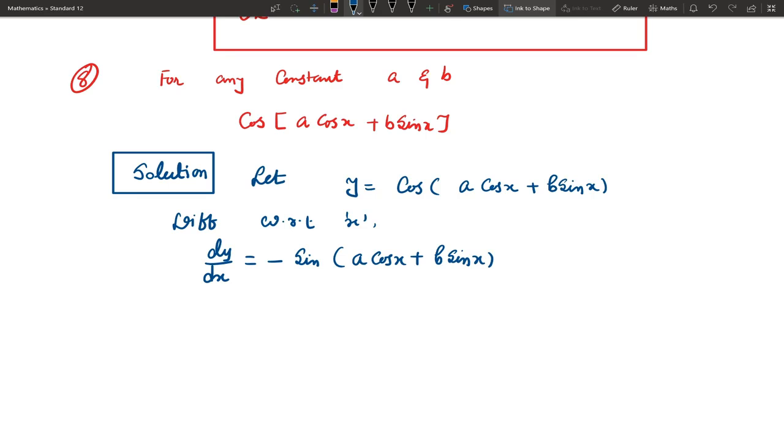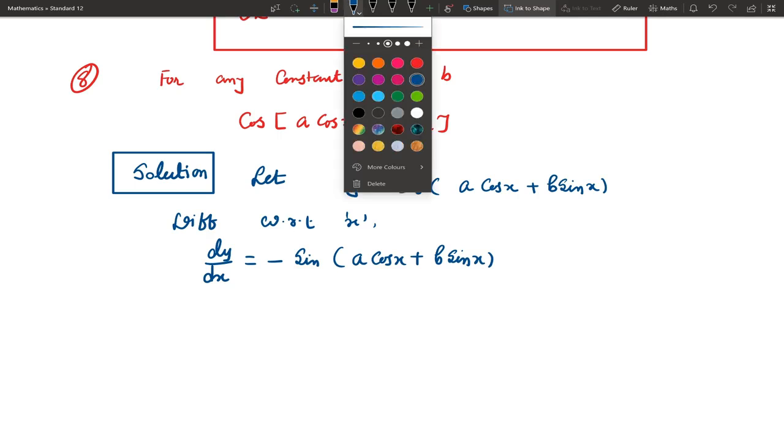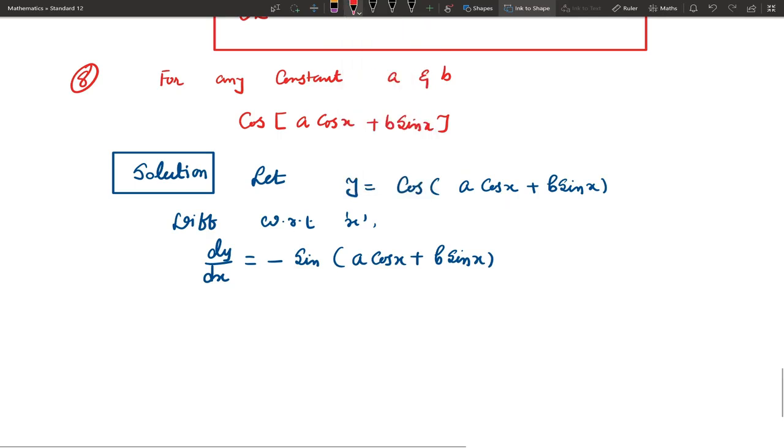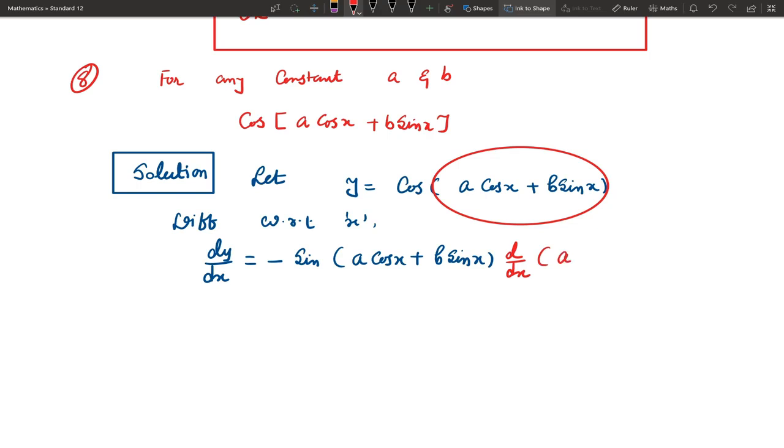But you can observe that inside it is a function of x, so by chain rule we have to differentiate a cos x plus b sin x.